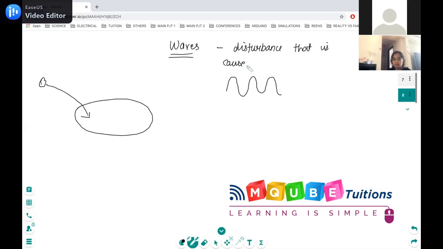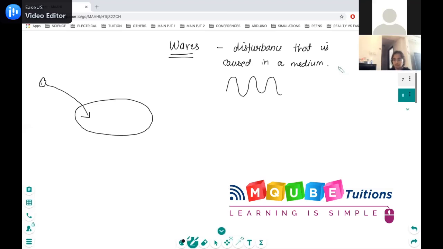Though it's not necessary that it has to be a medium. Waves can even travel through a no-medium condition also, an absolute vacuum. Do you know a wave can travel? Okay, I'll come to that. So is this clear? Wave is basically a disturbance that is caused in a medium.